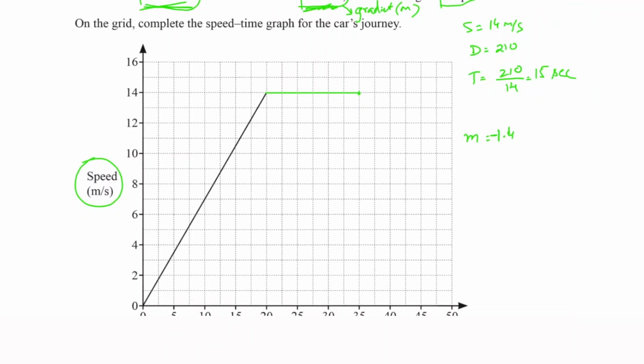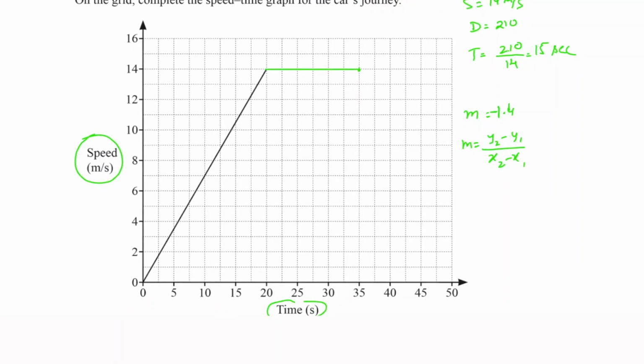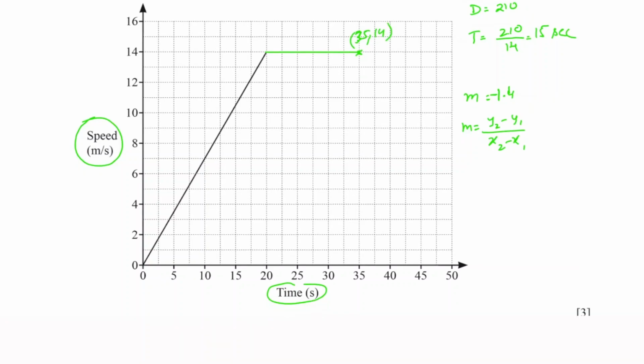You very well know the formula of gradient: m is y2 minus y1 divided by x2 minus x1. We will use these coordinates to find out the gradient. We know that from here only the car is going to decelerate. The coordinate of this is 35 comma 14, that is x is 35 and y is 14, and we need to find out where the deceleration ends.